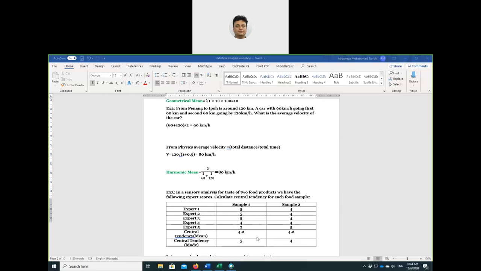But when you use the mean for this data, 4.2 and 4.2, you will reach the same value.